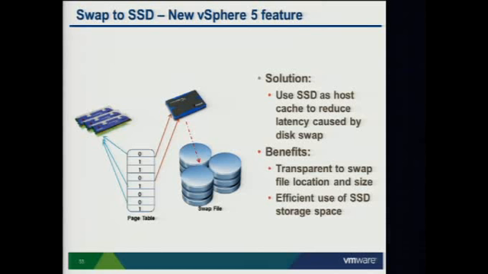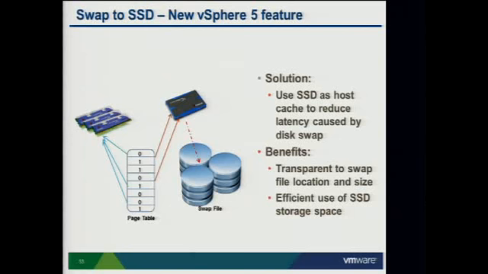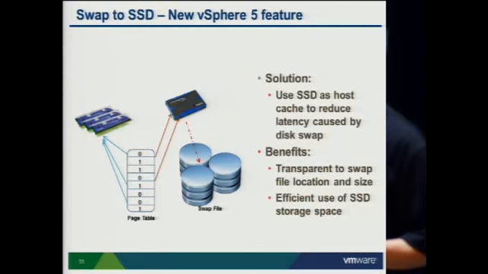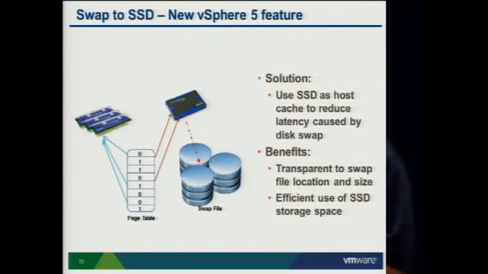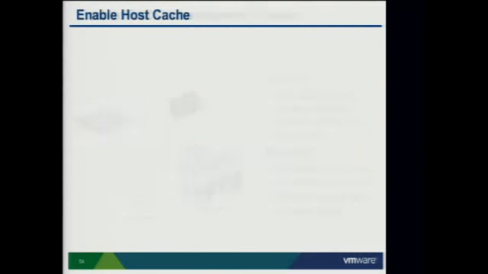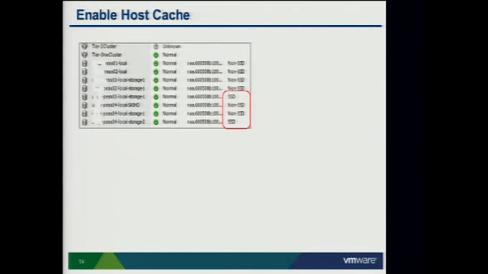Just imagine that if you use SSD as your swap file and you have 10 VMs with 4 gig of memory each, how much swap space do you need? 40 gig, that's a lot, right? You know you only need hopefully less than 2 gig of swap. So you really don't want to use the SSD as a disk. You want to use it as a cache.